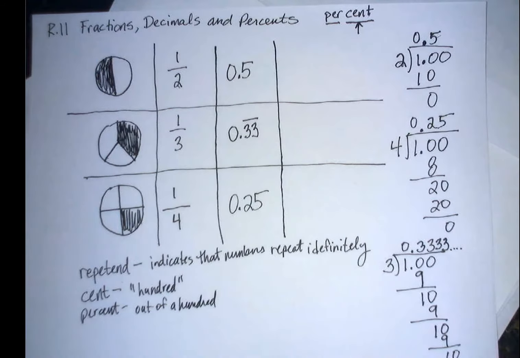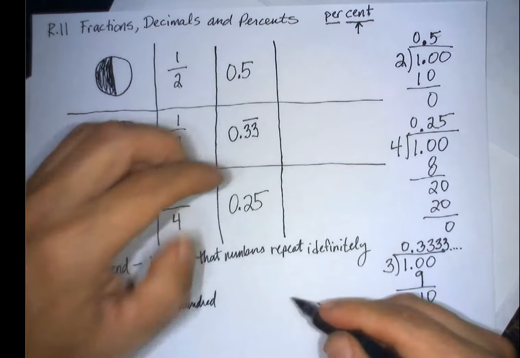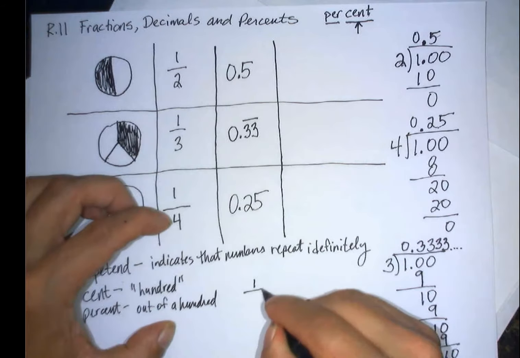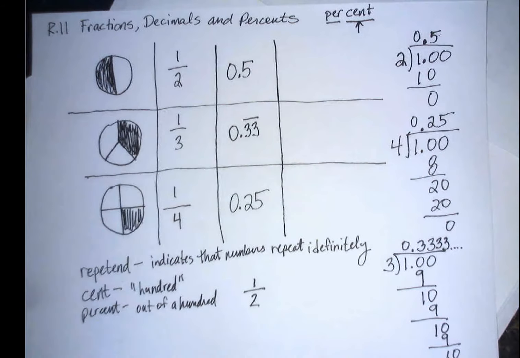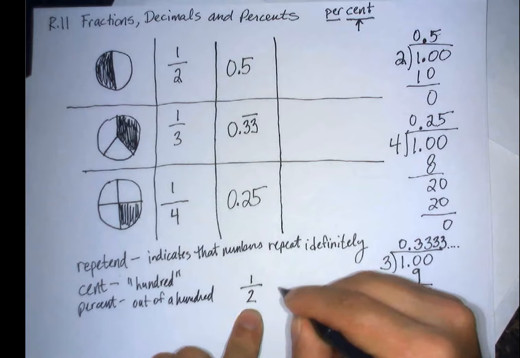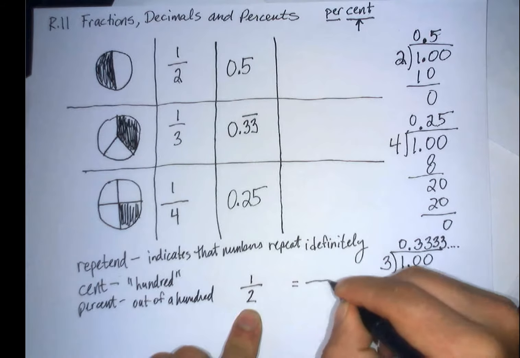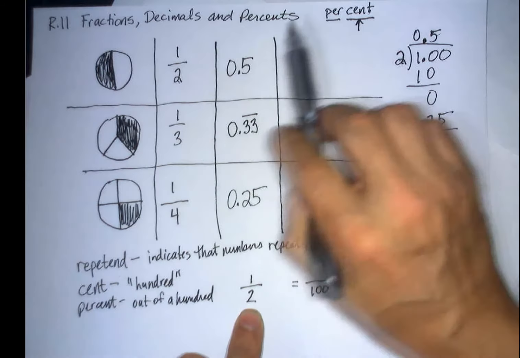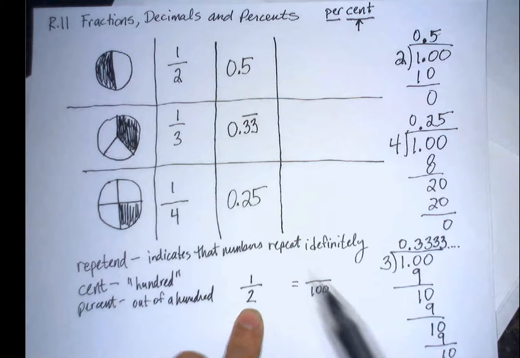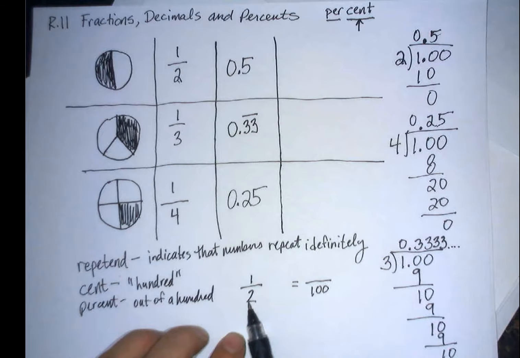And we've already built up fractions a little bit. We did that when we did the equivalent fraction in the previous lecture. Well, 1/2 is how many out of 100 is what we're asking for. Percent. How many out of 100? Well, half of 100 is 50.